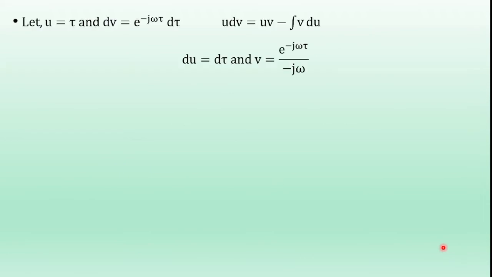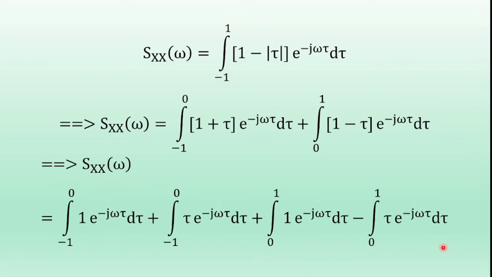The first term integration, with respect to tau, is e power minus j omega tau by minus j omega over minus 1 to 0, and the third term integration is e power minus j omega tau by minus j omega over 0 to 1.